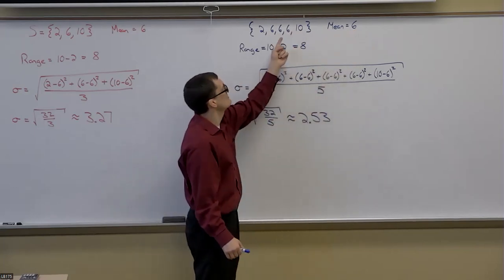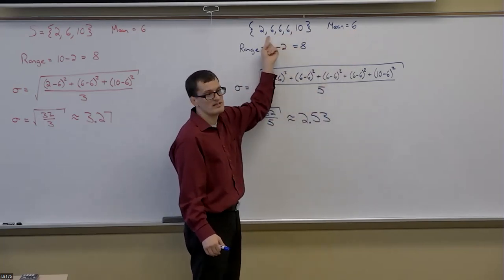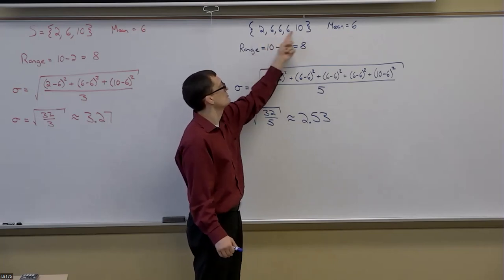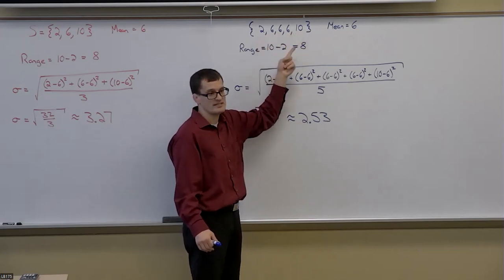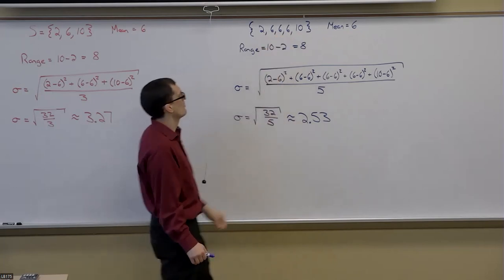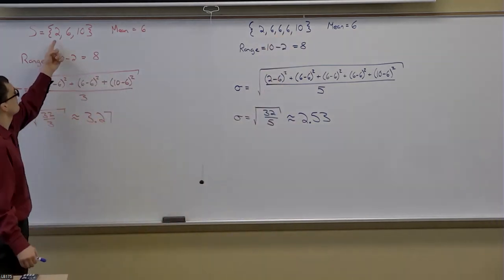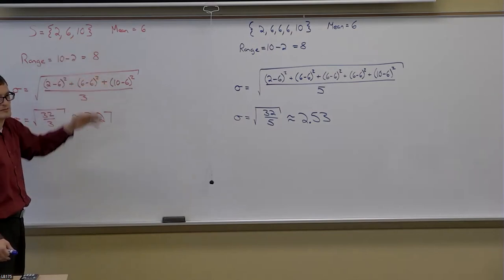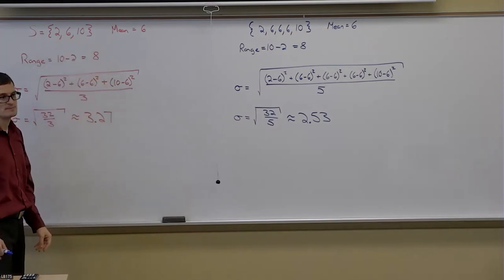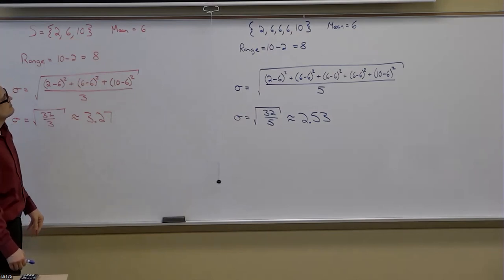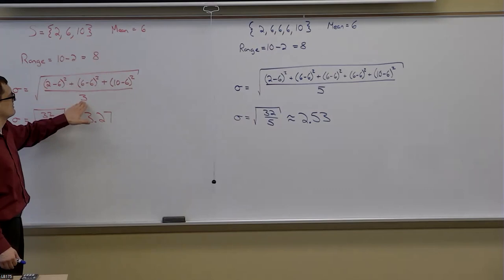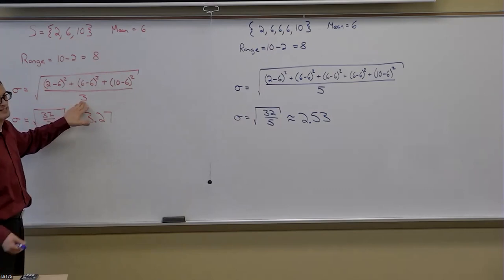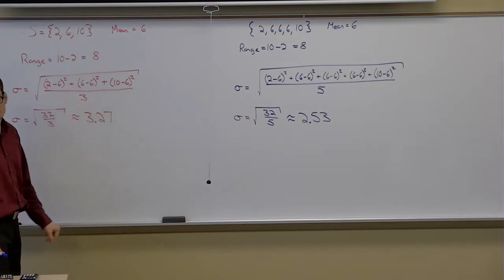So in some sense, this is a closer set to a constant set because only 2 of our numbers are different than the mean out of 5. Whereas here, this is a little bit further from our constant set because 2 out of 3 numbers are different from our mean. So that's the effect of this division by the size of the set, in other words.